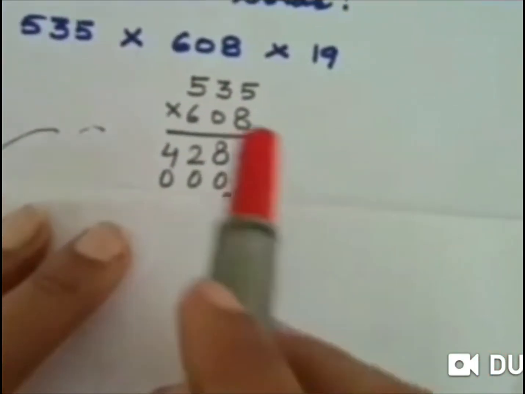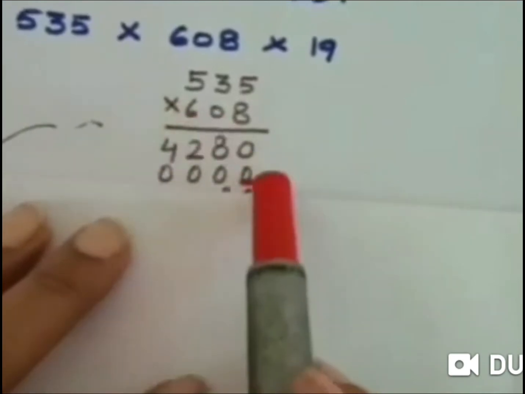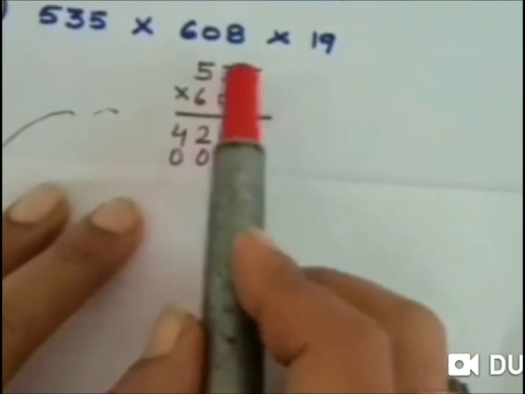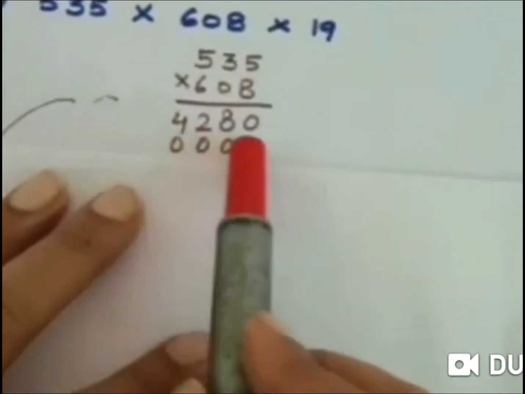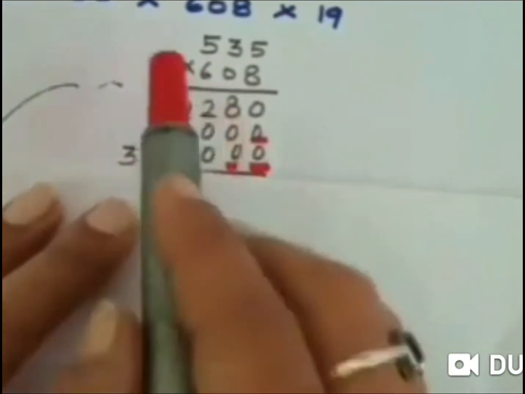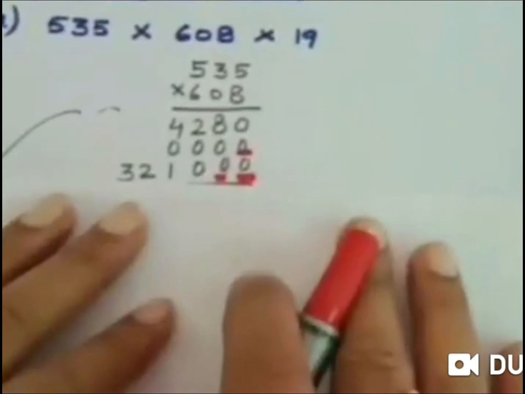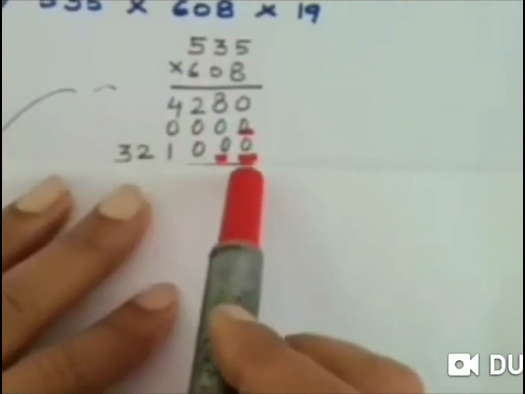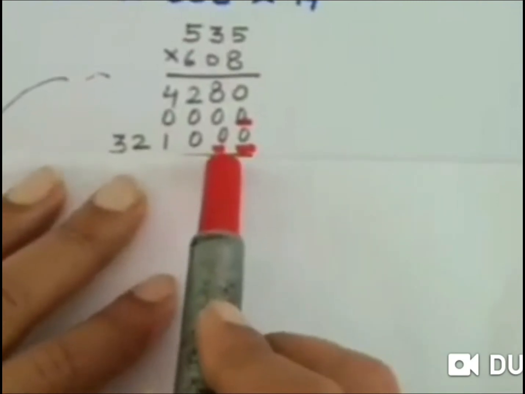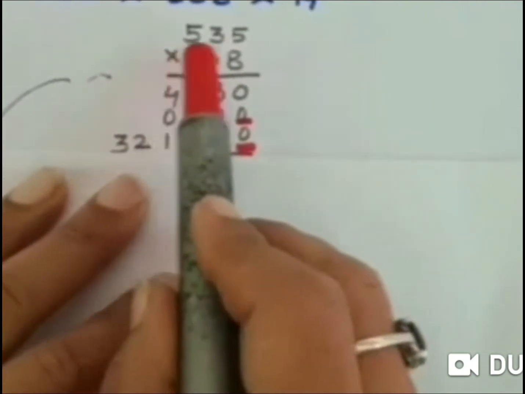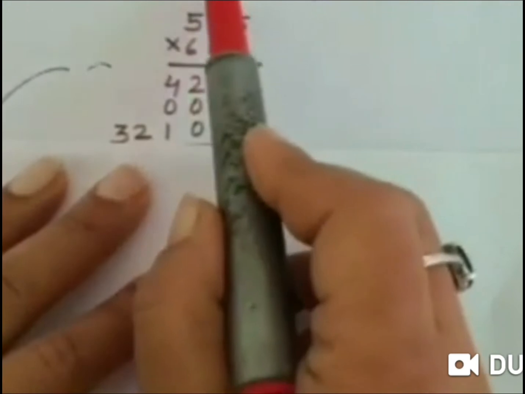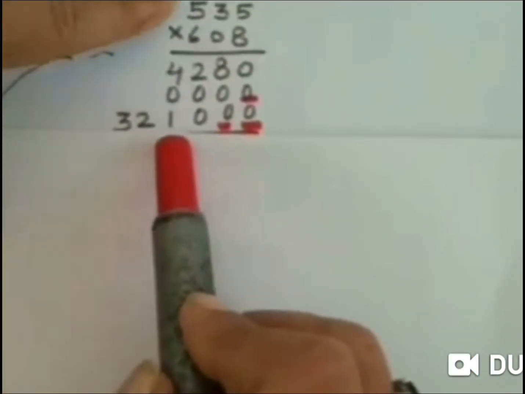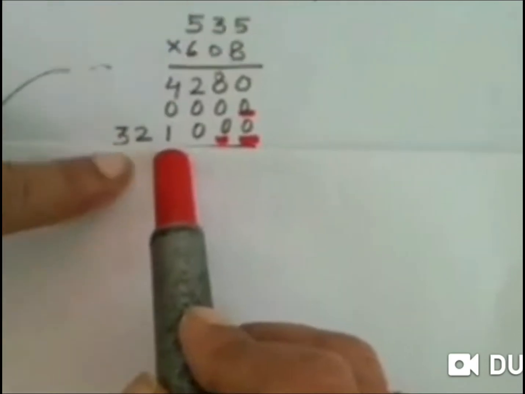Next multiplying by 0. Now 0 is at tens place, so first putting 0 for the ones place and then multiplying by 0. Now 0 multiplied by any number is 0, so writing all the zeros over here. Then multiplying by 6. Now 6 is at the hundreds place, so first putting 2 zeros for ones and tens place and then multiplying by 6. 6 5s are 30, so 0 here, 3 carry, 6 3s are 18, 18 plus 3 is 21, 1 here, 2 carry, 6 5s are 30, 30 plus 2 is 32.